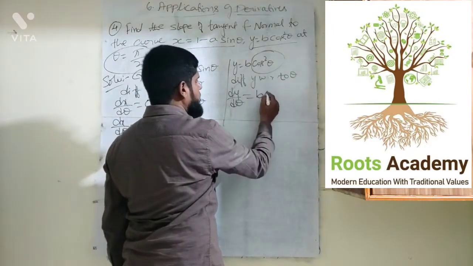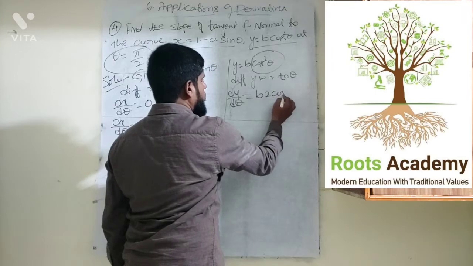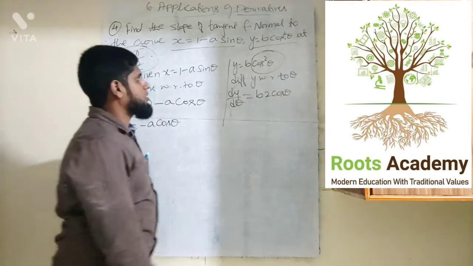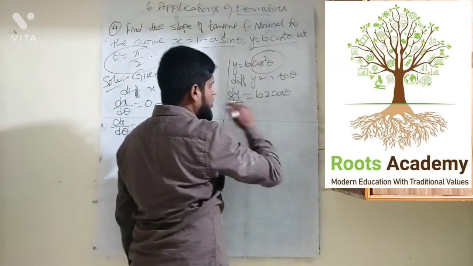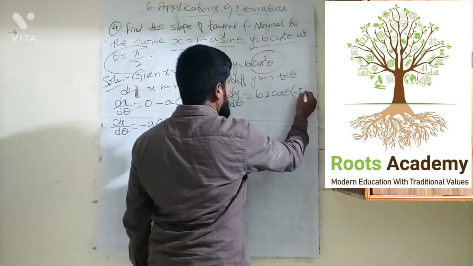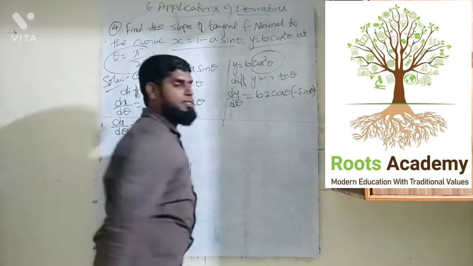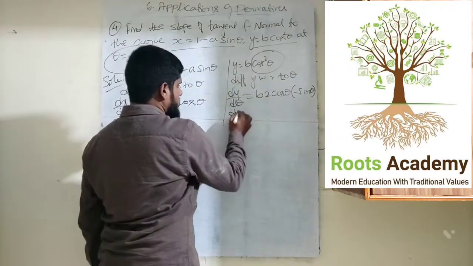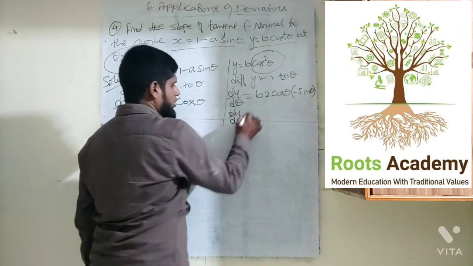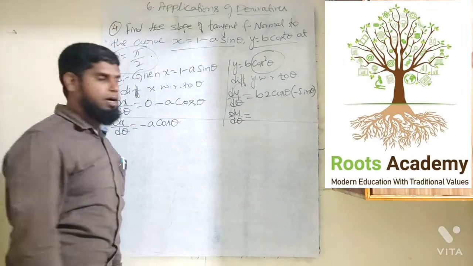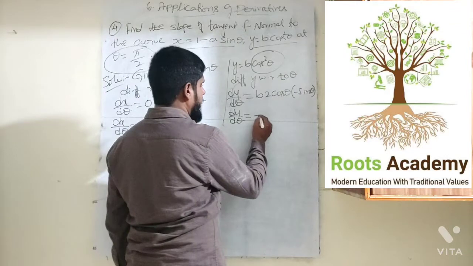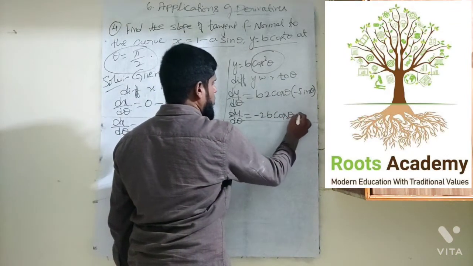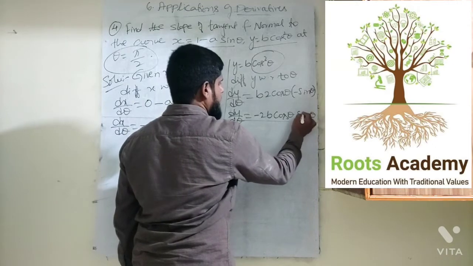Derivative of cos square is 2 cos theta. Then derivative of cos is minus sin theta. Finally, our dy by d theta will be minus 2b cos theta into sin theta.